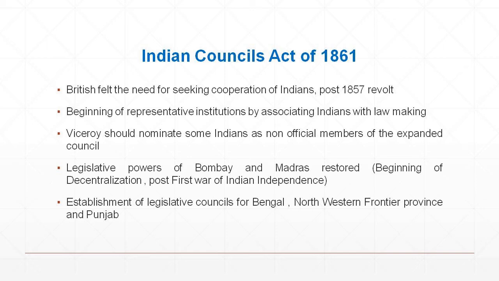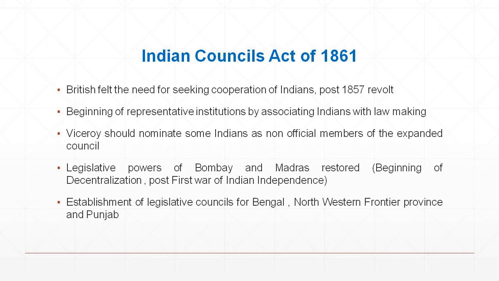Second point, it initiated the process of decentralization by restoring the legislative powers to the Bombay and Madras presidencies. We have seen earlier that the Bombay and Madras presidencies lost their power to make laws and everything was done under the Bengal presidency. But now onwards, Bombay and Madras can also make their own laws which are specific to their own presidency, their own jurisdiction.